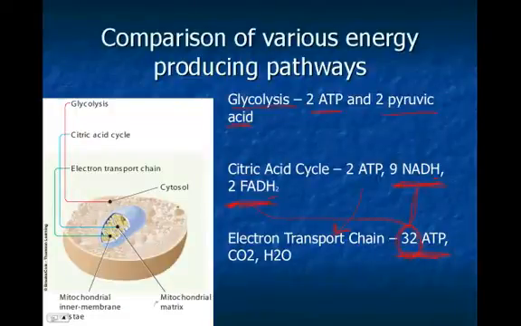If we talk about the whole process and total it all up, our total is going to be 32 ATP from the electron transport chain plus 2 ATP from the citric acid cycle. That gives us 34, plus 2 more from glycolysis.